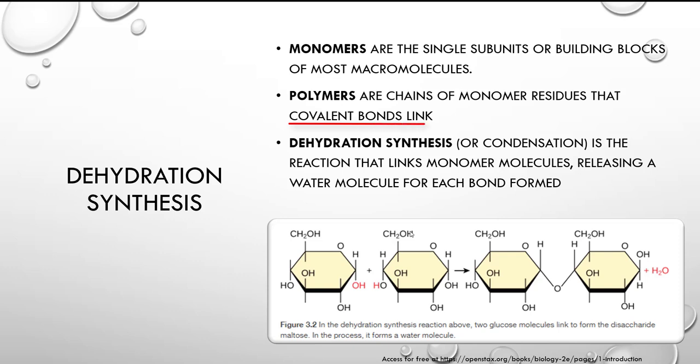Now the process that's involved is what we call a dehydration synthesis reaction. In my last video I talked a little bit about that with a chemical formula equation, so let's look at it in a different visual, okay? Basically we have 2 glucose molecules and we're forming a maltose.